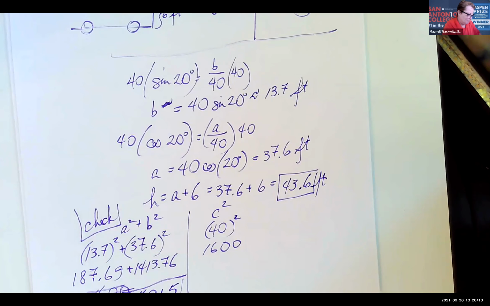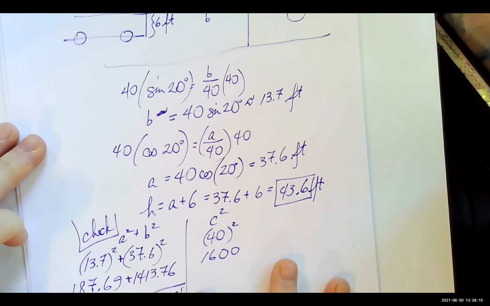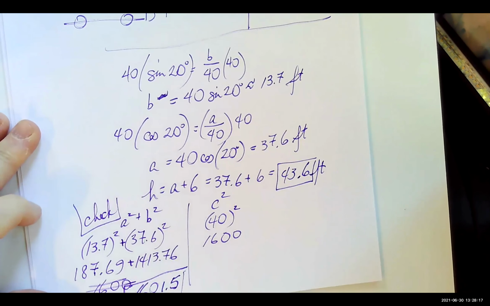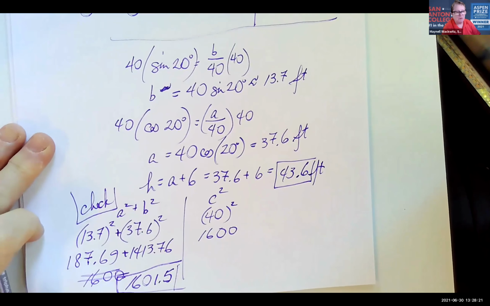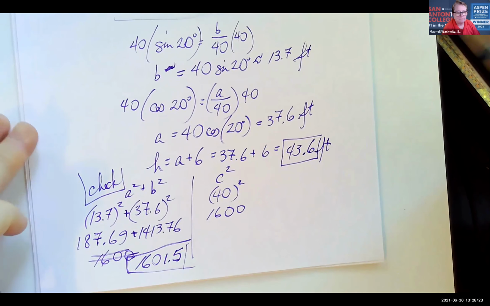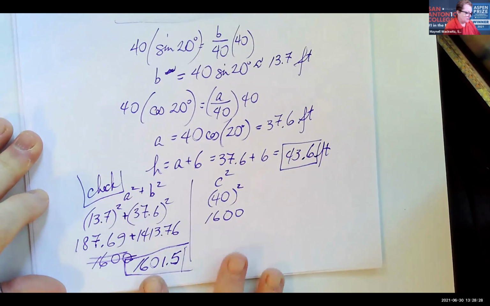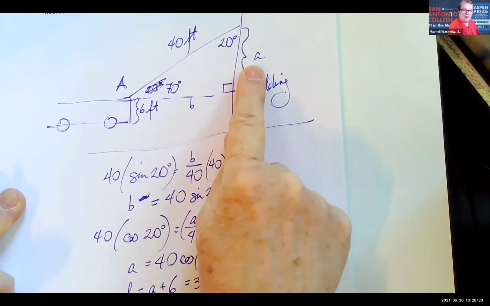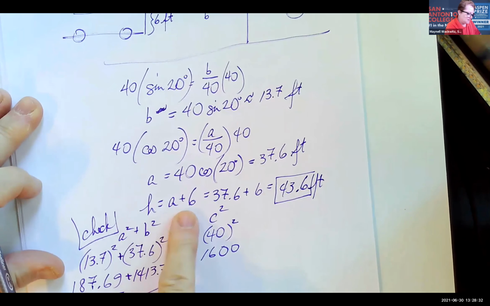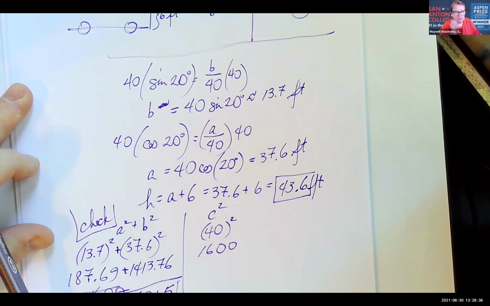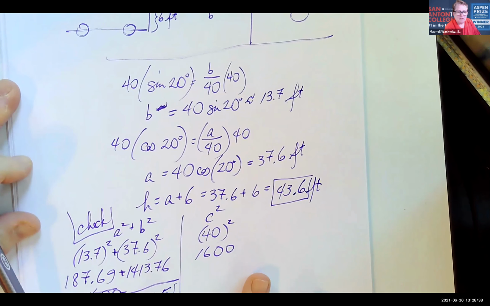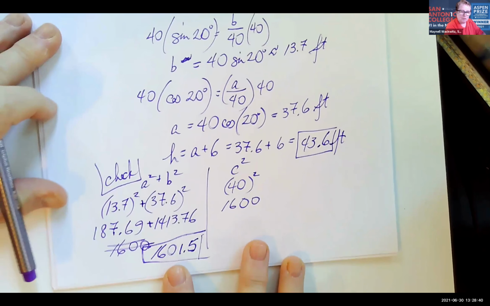Do you need to find all the information? No, but it's fun practice. So the only thing you had to find was little a and then h plus little a. Finding b just allows you to check your work.